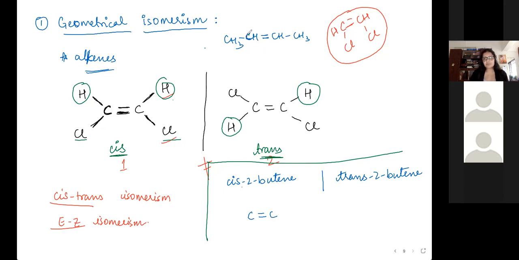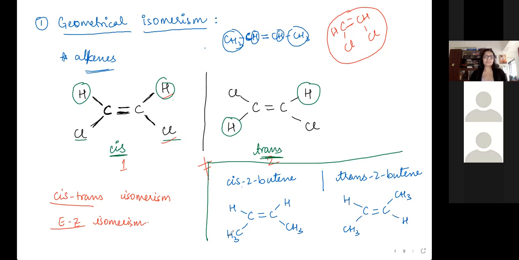So यहाँ पे this double bonded carbon is attached to a hydrogen and a methyl. Same thing here, hydrogen and a methyl. So cis के case में the hydrogens and the methyls are on the same side. Trans के case में they are on the opposite side. CH3, CH3, एक ऊपर एक नीचे, and hydrogens also on the opposite side.